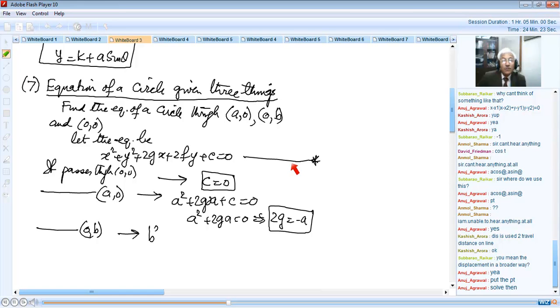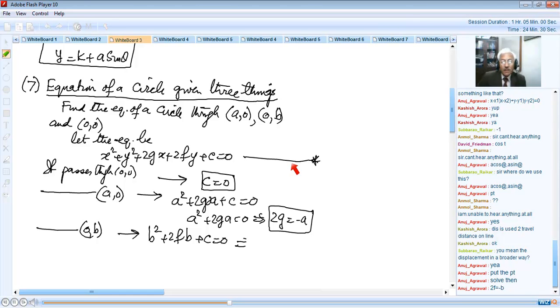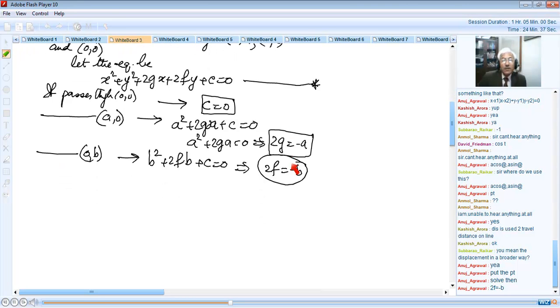That gives you b square plus 2fb plus c equal to 0, and c is 0. That gives you 2f is equal to minus b. What will be the equation therefore? Substituting in the given equation, you get x square plus y square minus ax minus by equal to 0.